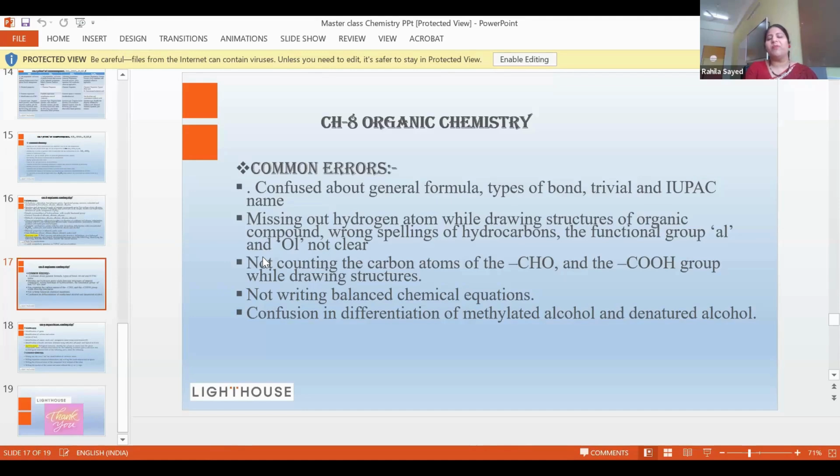Confusion and differentiation of methylated alcohol and denatured alcohol. Why do you want to draw the compound? Better write the formula. If they are asking you for an equation, don't draw the compound. You will waste time. Instead of drawing the compound, just write CH4. It will be easy. You will save time.